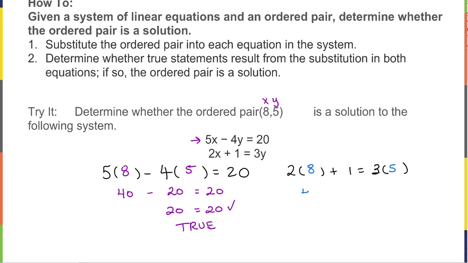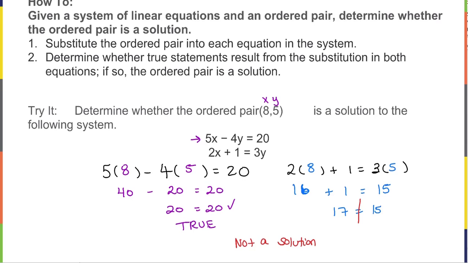So 2 times 8 is 16, plus 1 equals 3 times 5 is 15. 16 plus 1 is 17. 17 does not equal 15. So is this a solution? It is not a solution to the system. It is a solution to the first equation, but it's not a solution to both.